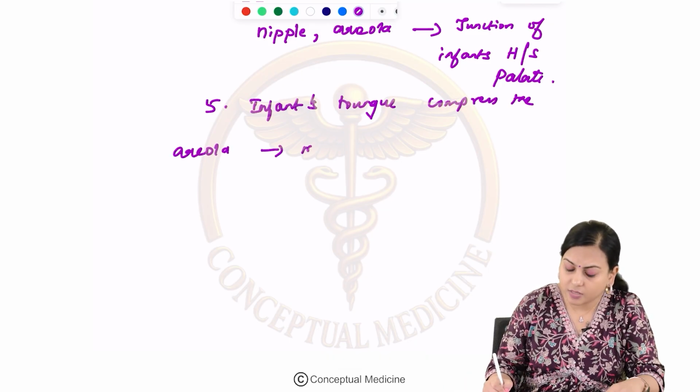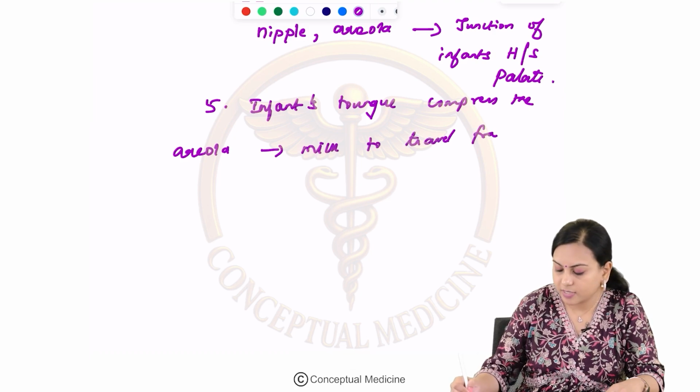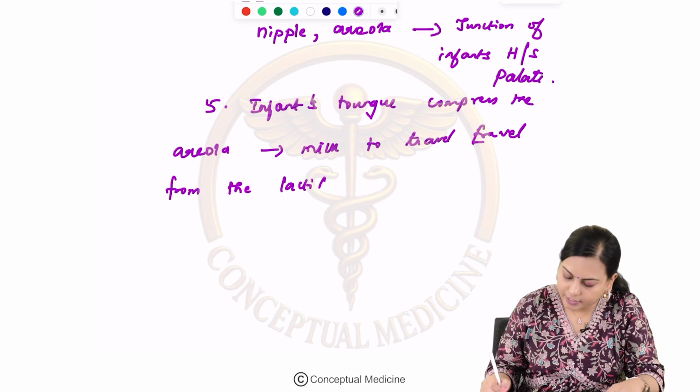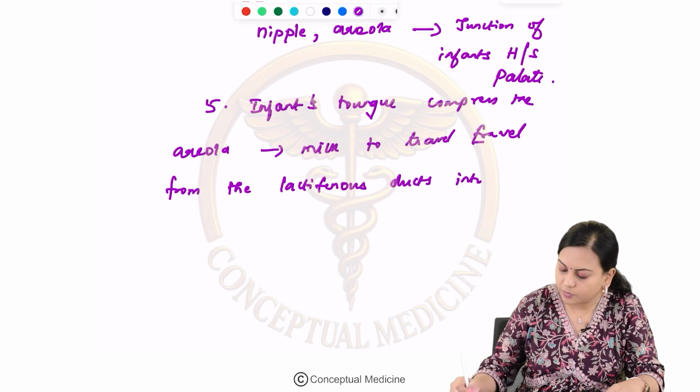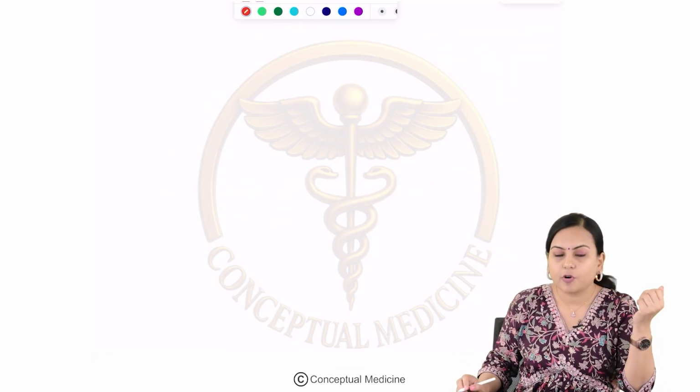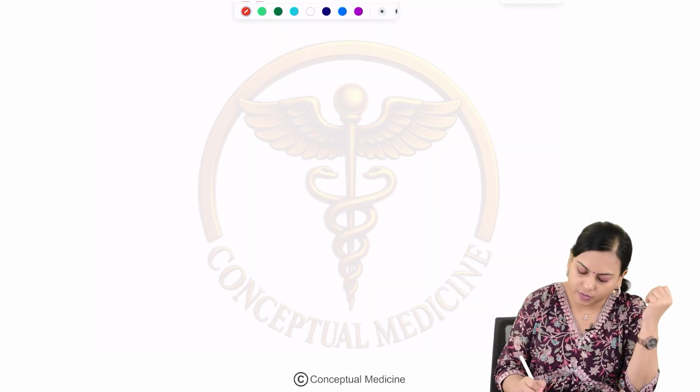So, that will be causing the milk to travel from the lactiferous ducts into the infant's mouth. Clear? Now, we will see some of the problems that are faced during breastfeeding.